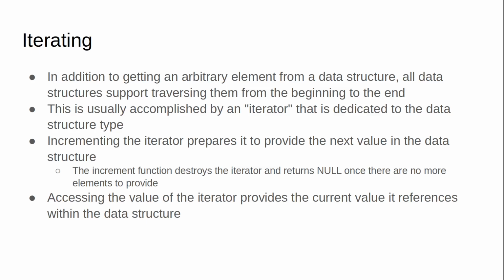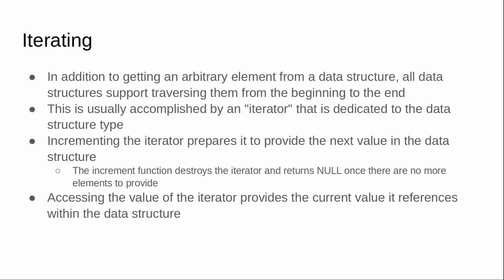This is accomplished by something called an iterator that is dedicated to the type of data structure. Each individual type of data structure is going to have its own unique iterator that understands the internal mechanisms of that data structure and can go through one by one.